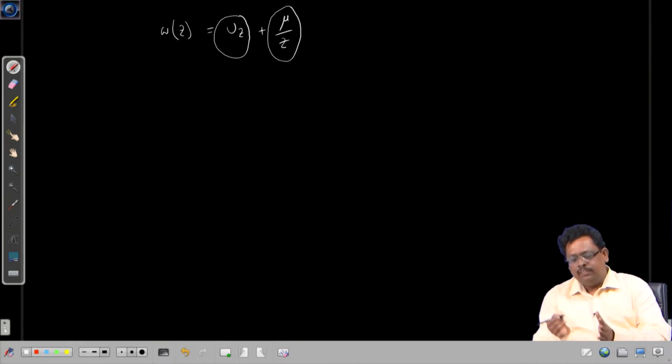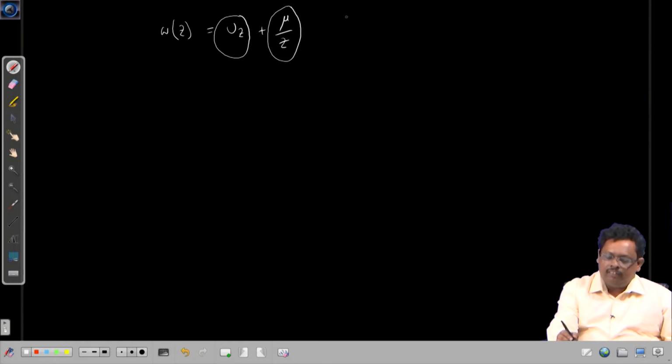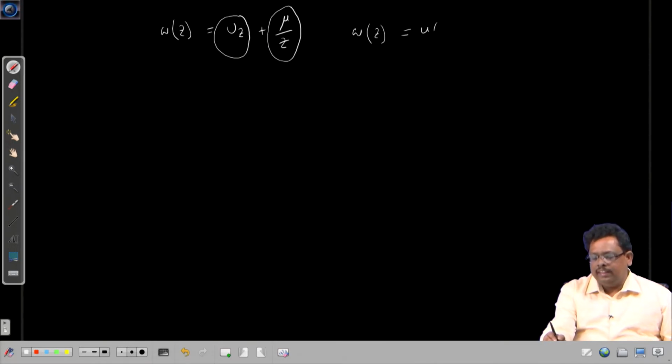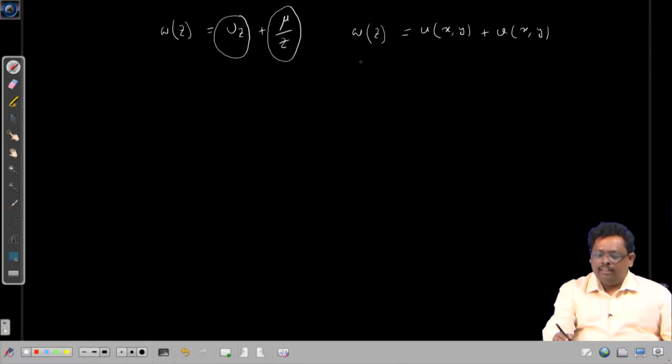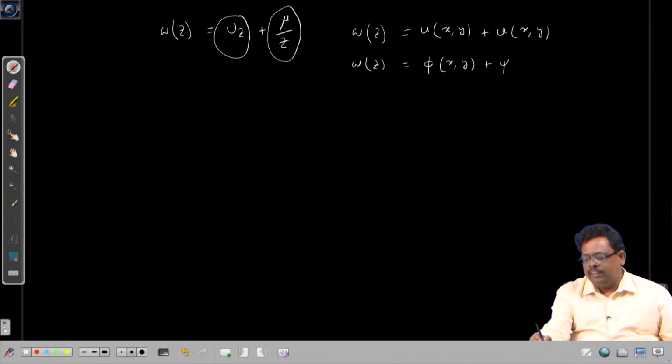Now, if it is unknown to somebody, just very briefly, any flow can be defined in terms of a complex potential, and there is the real part, which is u(x,y), and then we have an imaginary part, let us say v(x,y). Under potential theory, we can say that this W(z) can be written as the velocity potential phi(x,y) plus a stream function psi(x,y).